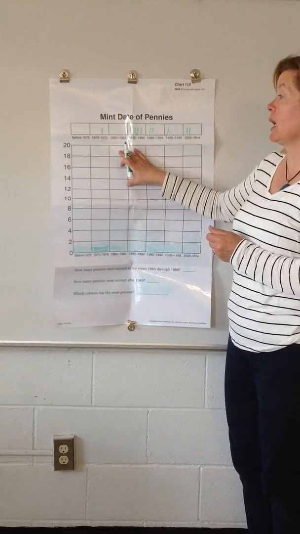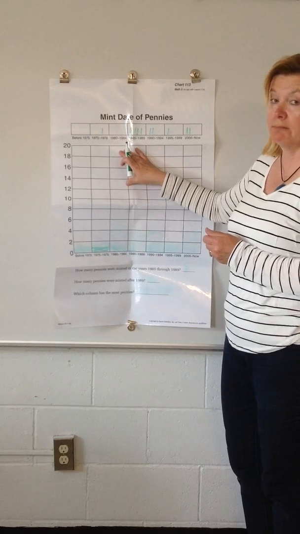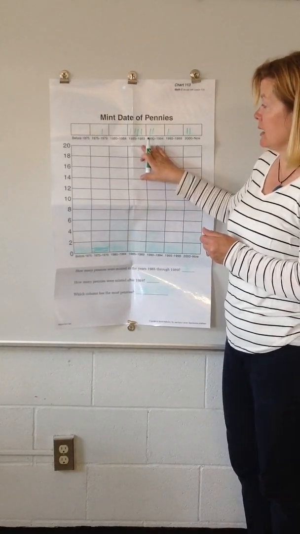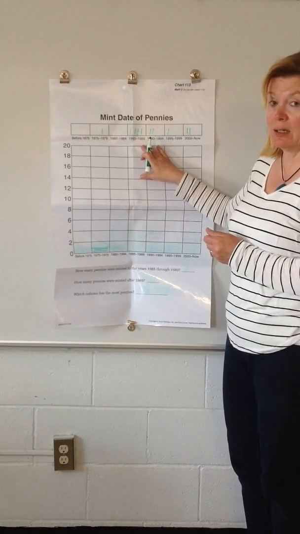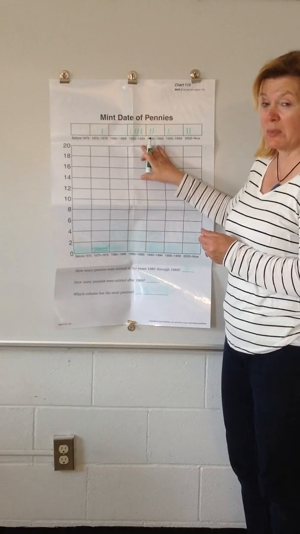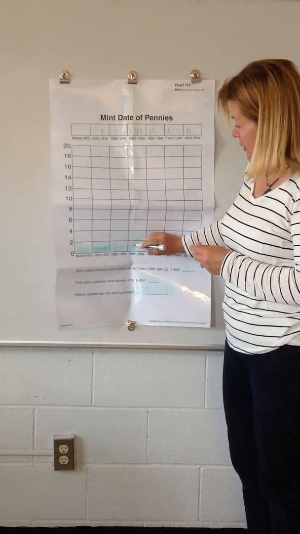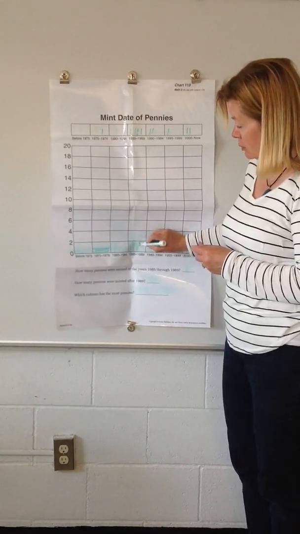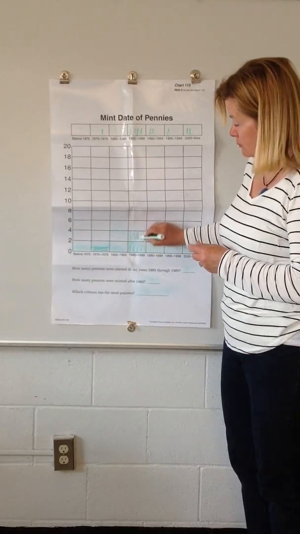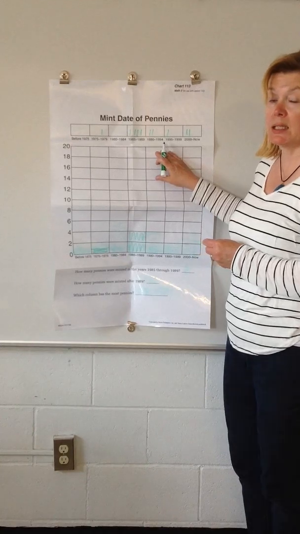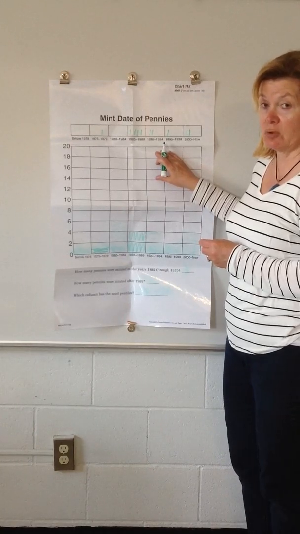Next up, in 1980 to 1984, I have 0, so I'm going to leave it blank. In 1985 to 1989, I have 4. So that means that I'm going to color in 2 spaces because this is 2 and this is 4. 1990 to 1994, I have 2 pennies.